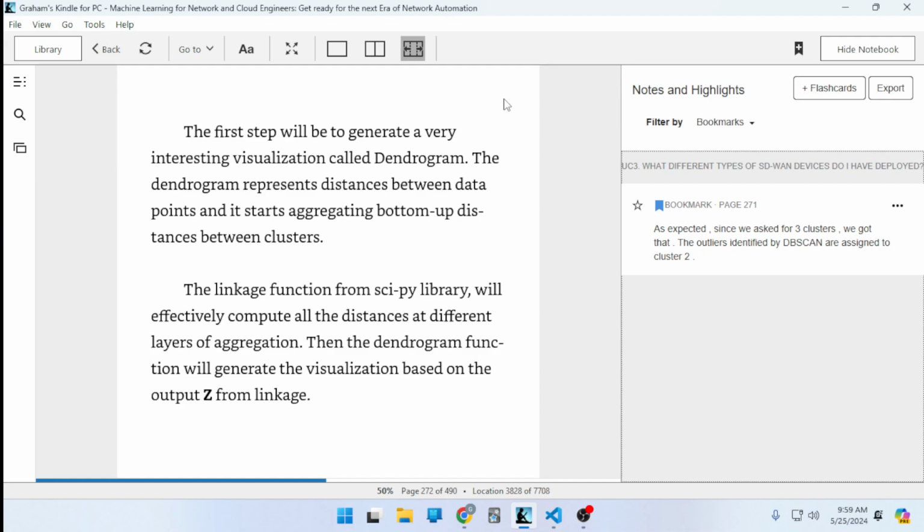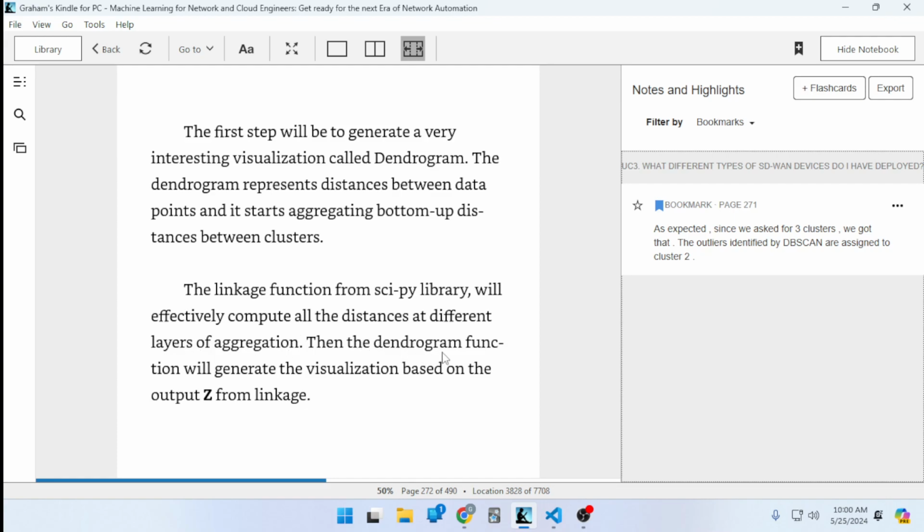The first step will be to generate a very interesting visualization called a dendrogram. The dendrogram represents distances between data points and starts aggregating bottom-up distances between clusters. The linkage function from the SciPy library will effectively compute all the distances at different layers of aggregation.